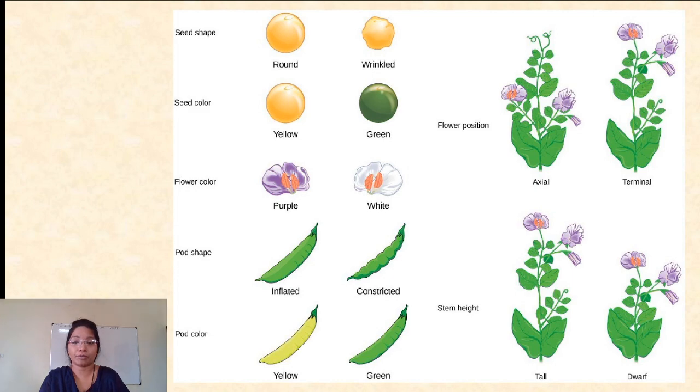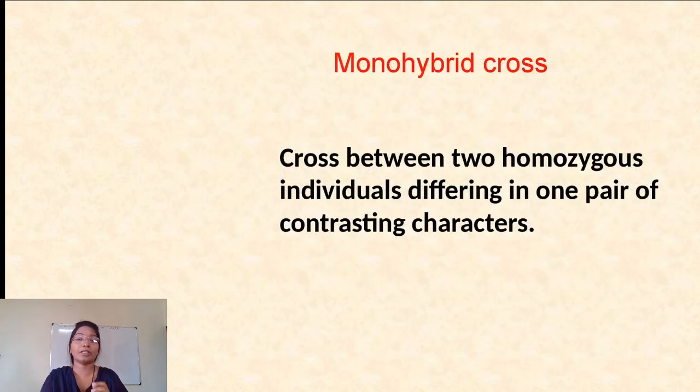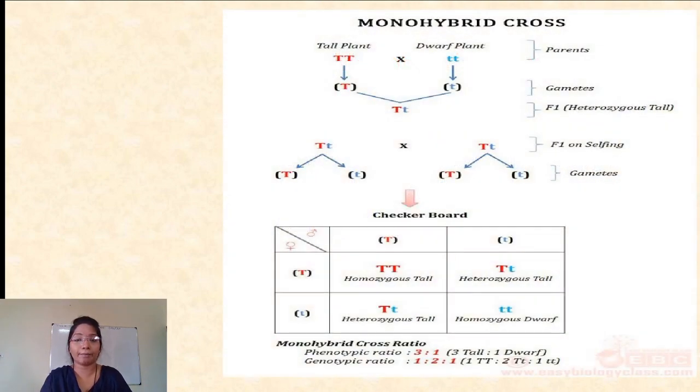Okay, now we will move further. The main important cross is monohybrid cross. The term indicates mono means single, that is, cross between two homozygous individuals differing in a single pair of contrasting character. Just have a look at an example.